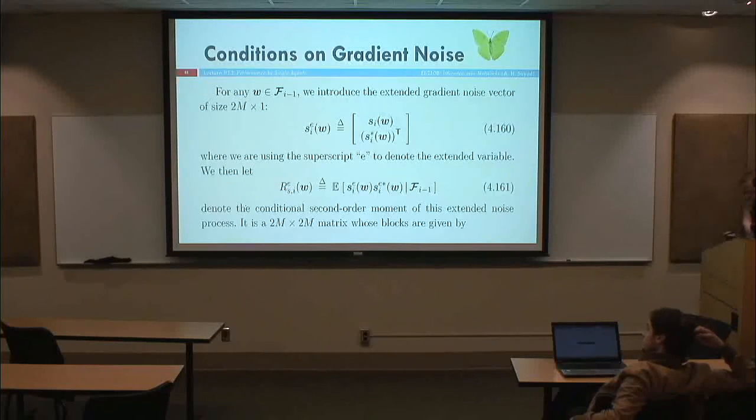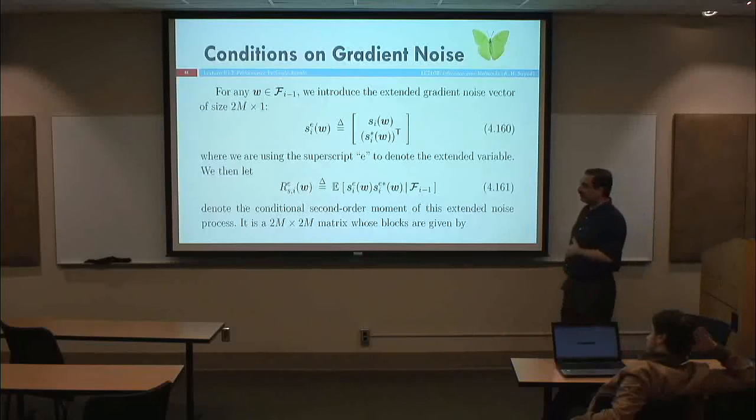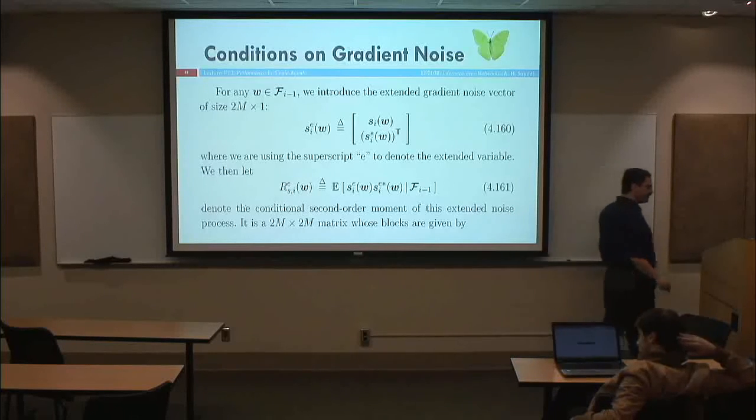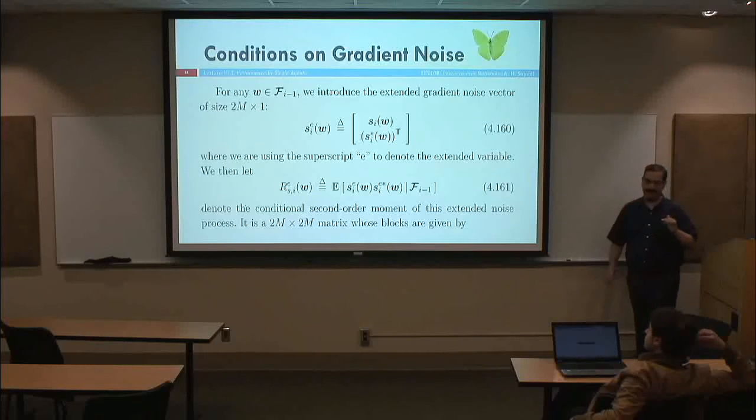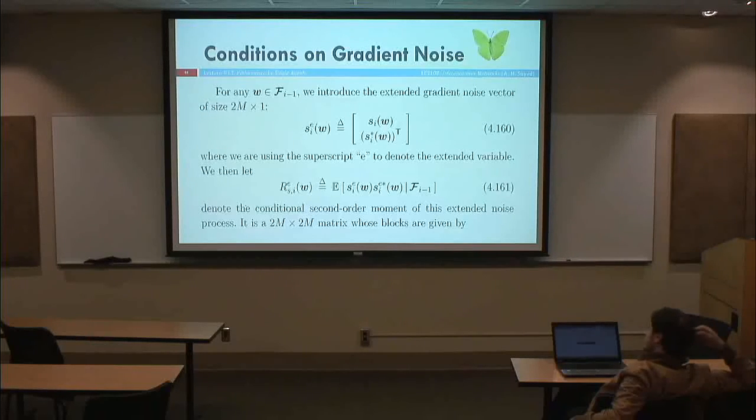Now, what you are going to see is that the performance expressions will depend on the covariance matrix of an extended noise vector. Remember, in the real case, the performance, for example, for the MSD was mu over 2 trace of H inverse RS. And what was this RS?